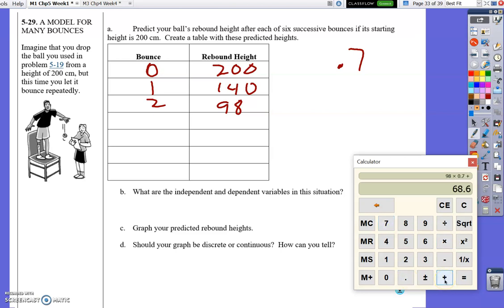So bounce 3 will be 68.6. Then we'll times that by 0.7, and that's 48.02.